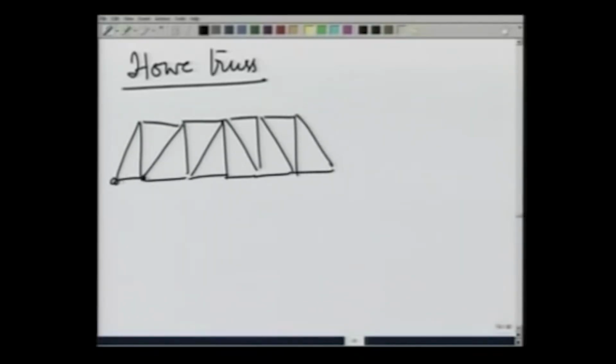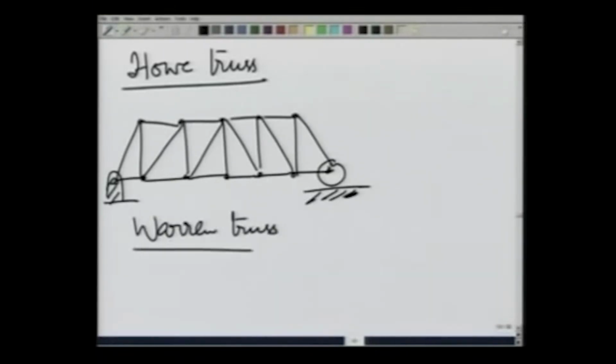Again, you can count the number of joints and number of members. They are consistent for it to be a statically determinate truss. Third one is a Warren truss, which is like this.